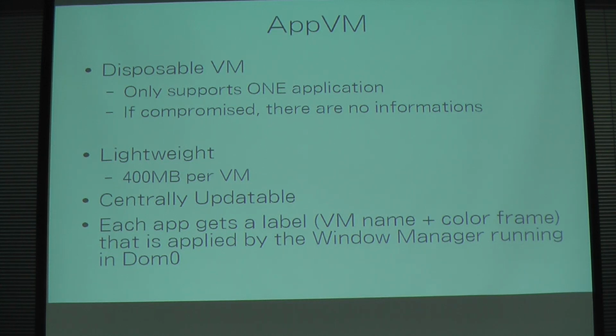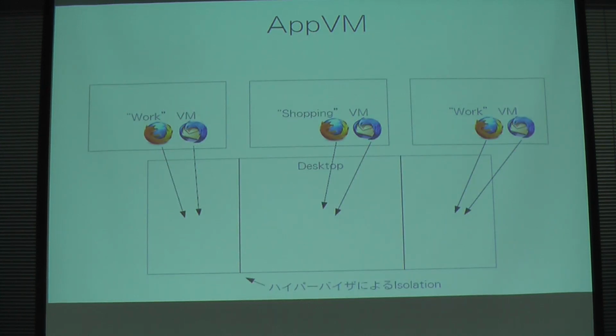And AppVM is a lightweight VM and can be centrally operated. An AppVM executes some application, and each app gets a label that is applied by the window manager running in domain 0. Each application is executed in a separate VM, but the user can see it in one desktop environment.